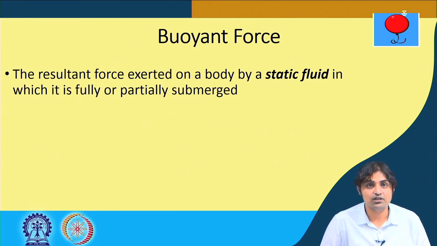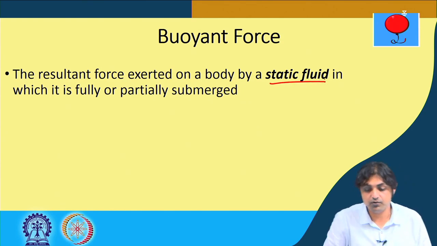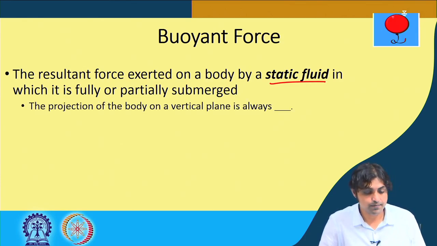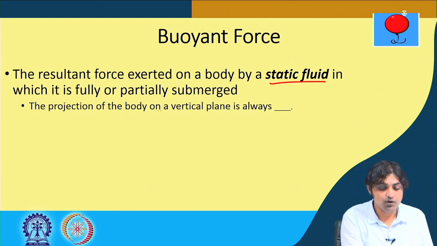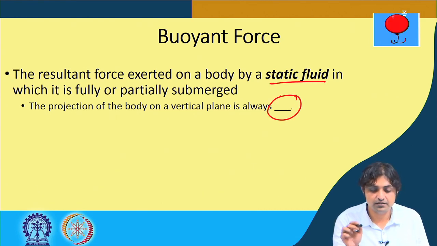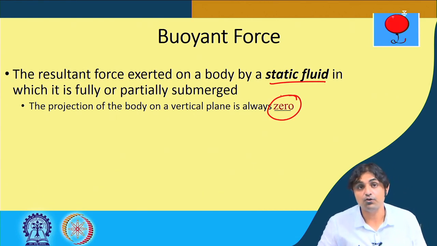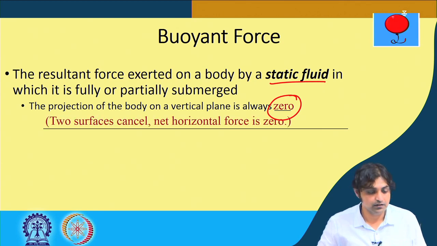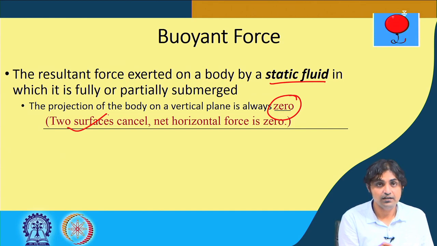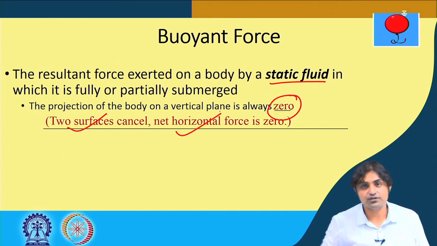The resultant force exerted on a body by a static fluid, in which it is fully or partially submerged, this is quite an important term here. The projection of the body on a vertical plane, the net horizontal force, is going to be 0. This means the two surfaces cancel, the net horizontal force is 0.